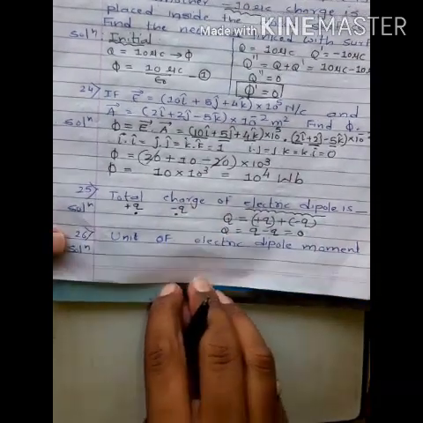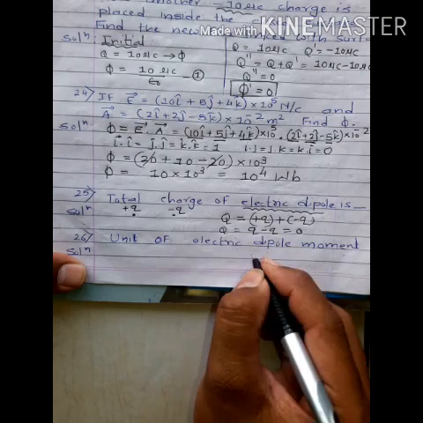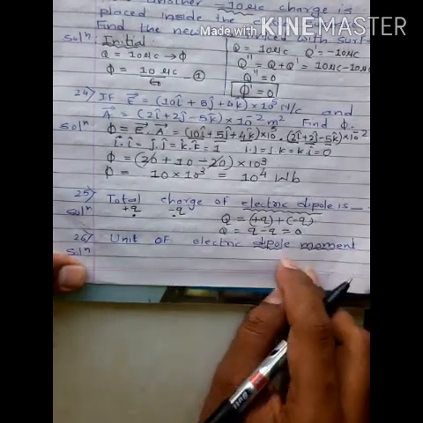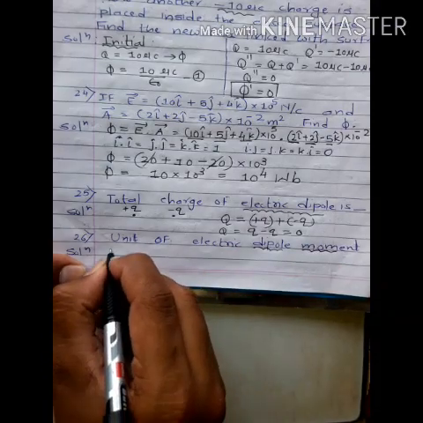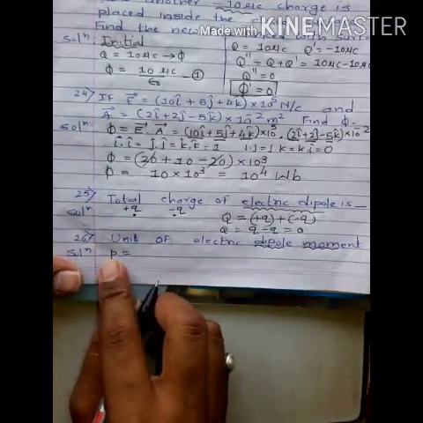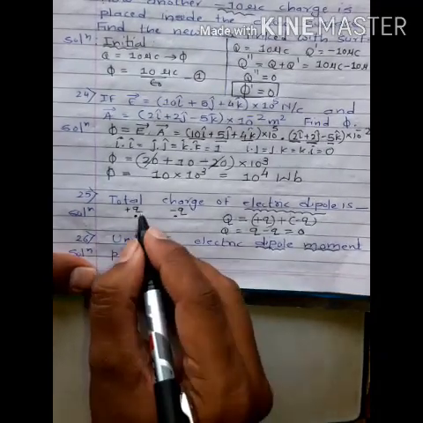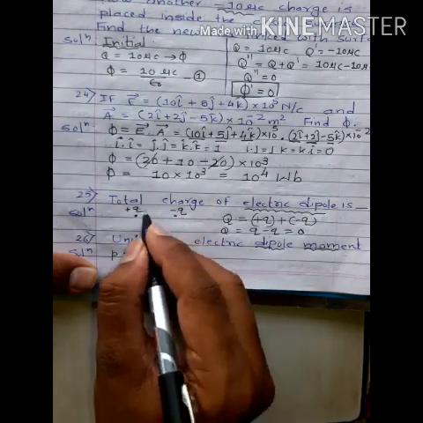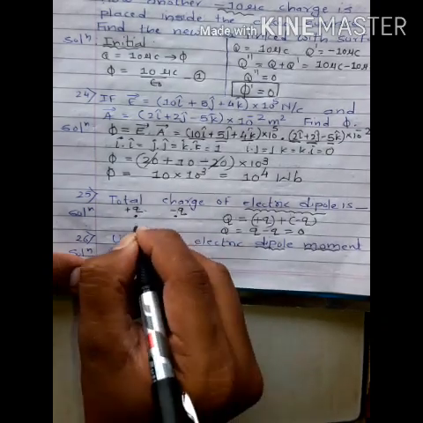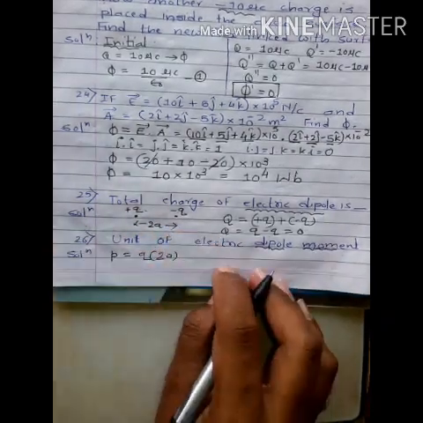Next MCQ, MCQ number 27. Unit of electric dipole moment. What is the unit of electric dipole moment? First of all, remember the symbol. Electric dipole moment is denoted by P and its equation is charge Q, the magnitude of any one of the charges, into distance 2a. The distance between the two charges in a dipole is denoted by 2a.